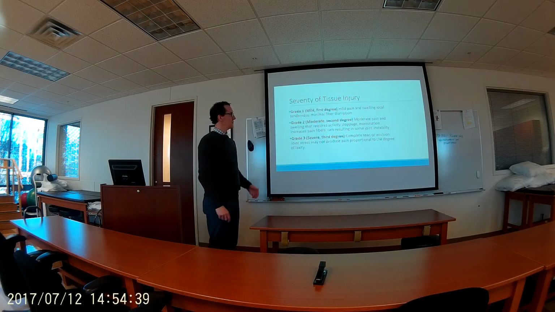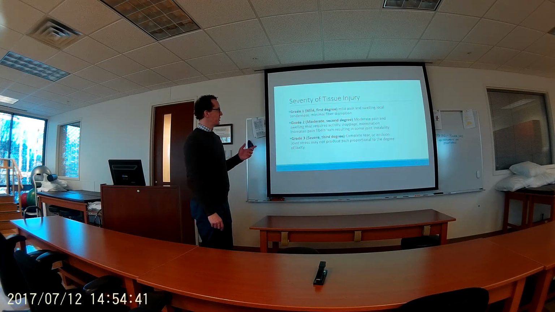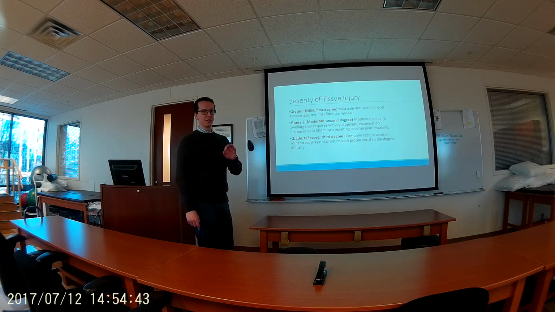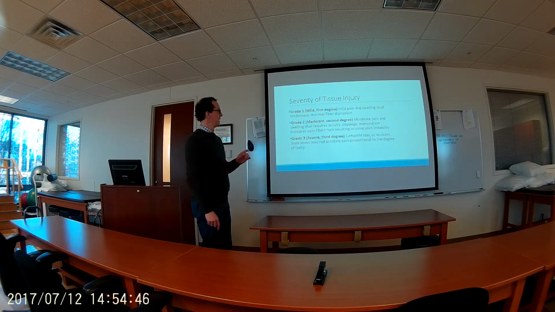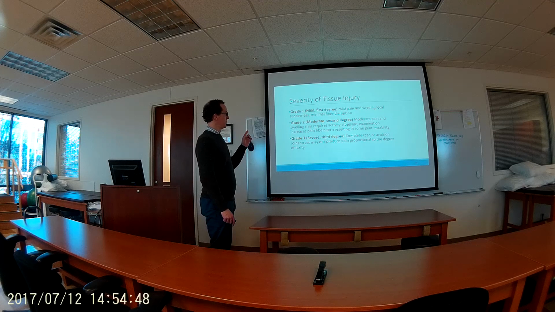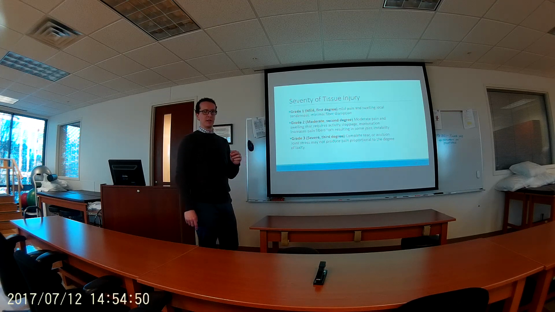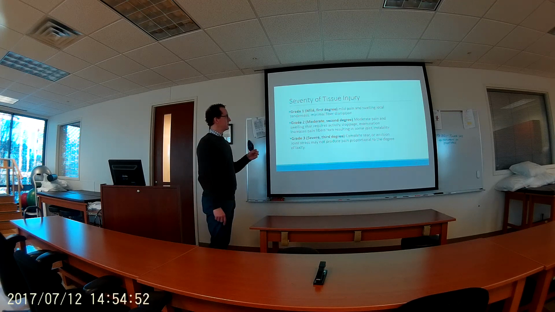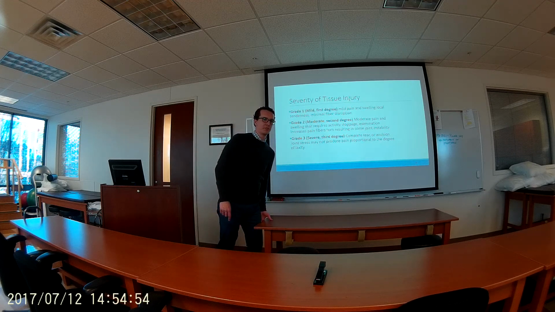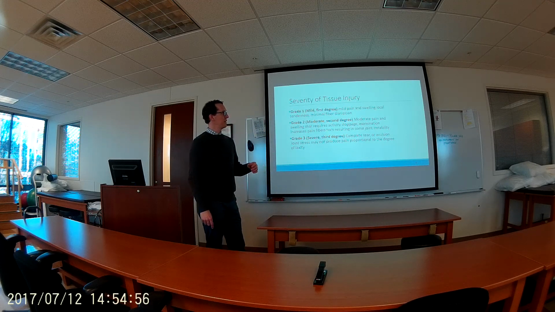All right, transitioning here, we want to break down tissue injuries into three main portions: a grade 1, a grade 2, and a grade 3 injury. A grade 1 injury is very mild. It's what we call a first-degree injury, so basically mild pain and swelling, local tenderness, and minimal fiber disruption.